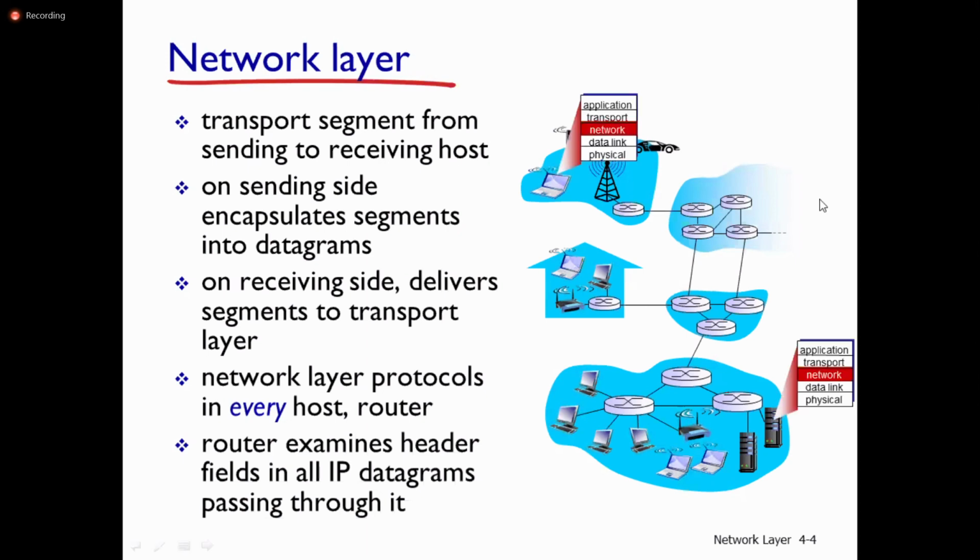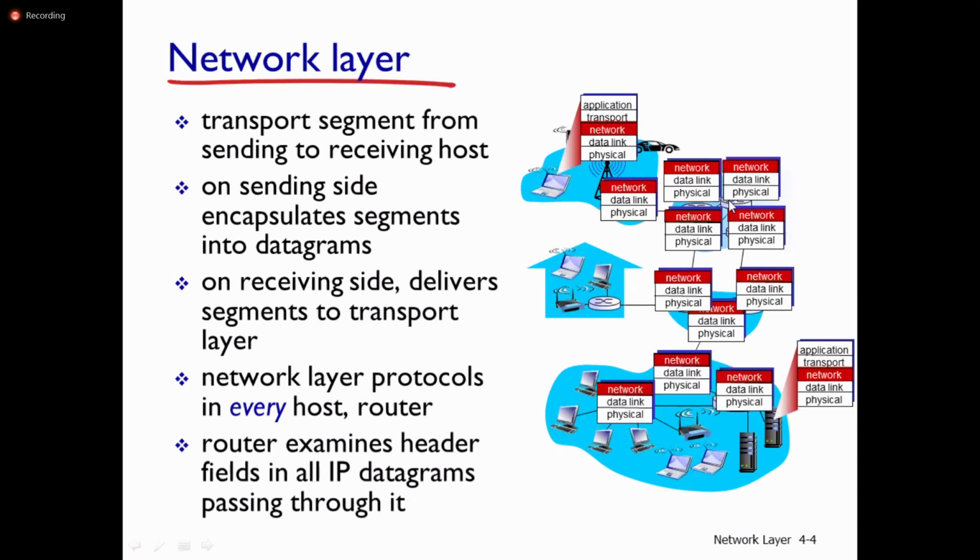Look at here, between one device and another device, the data is passed through all these different nodes. So as I told you, every host as well as router must have these network layer protocols. That's why you can look at here, in every component it consists of network layer.